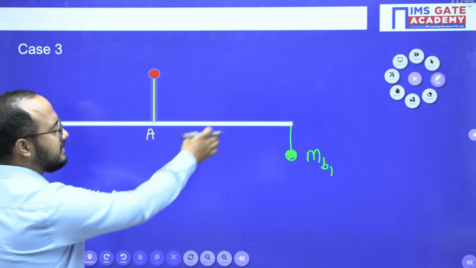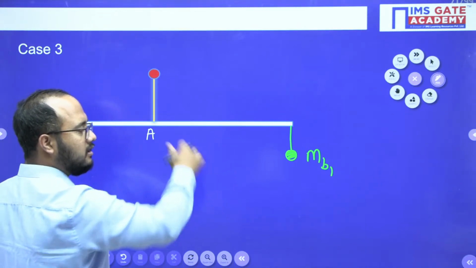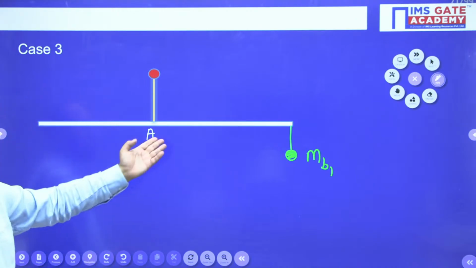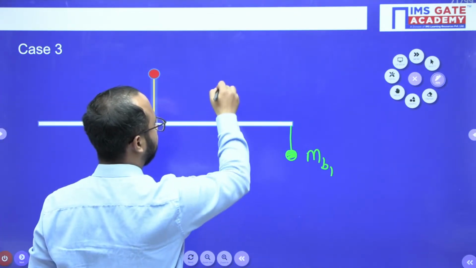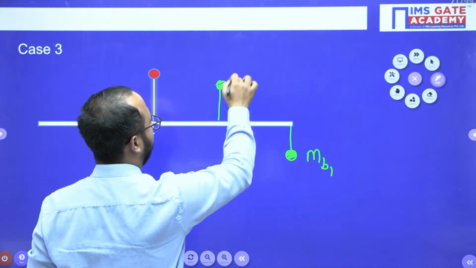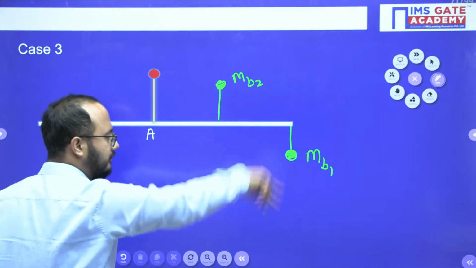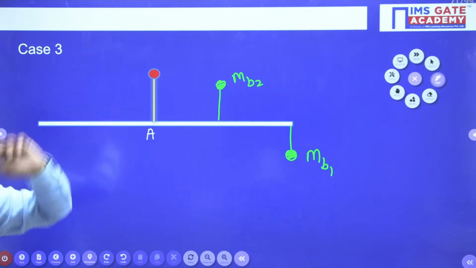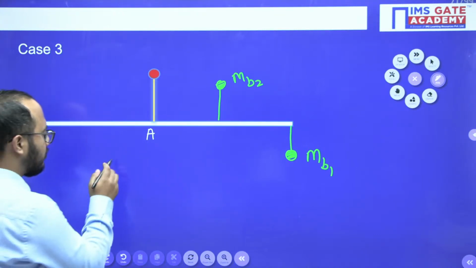Now if I place the same mass here in the same direction, in the downward direction, both will have the same direction of moment, so they will not cancel out. I have to place the next mass here like this, because it will have an anti-clockwise moment while the other has a clockwise one. Then it can be balanced. Again, what equation of motion do you have to use?